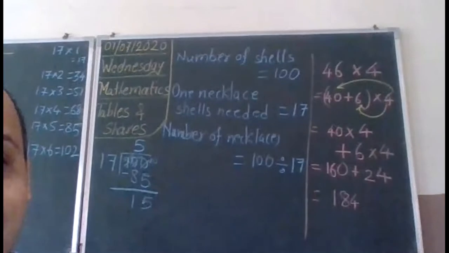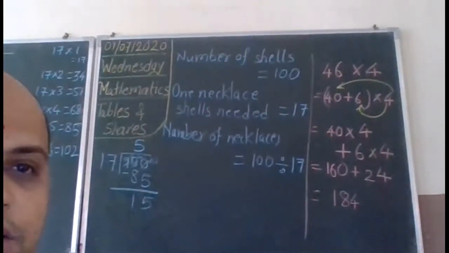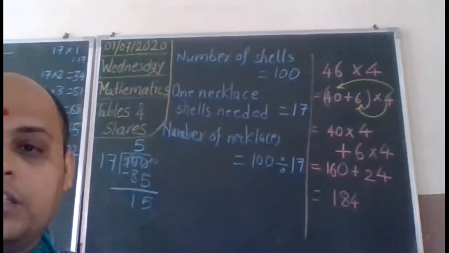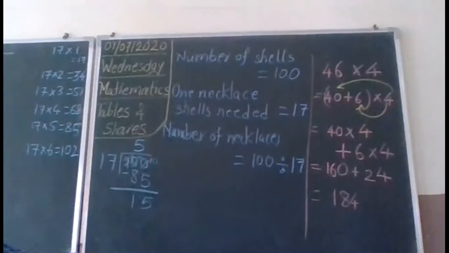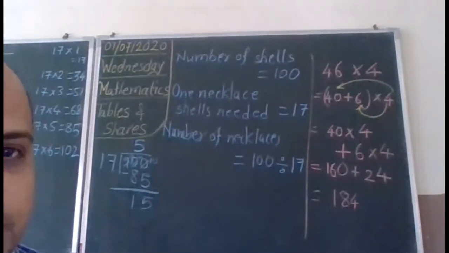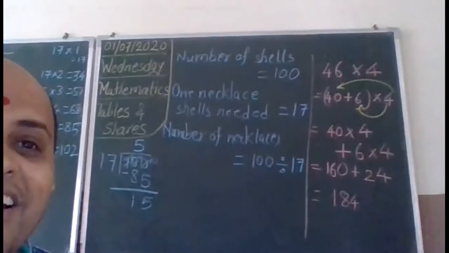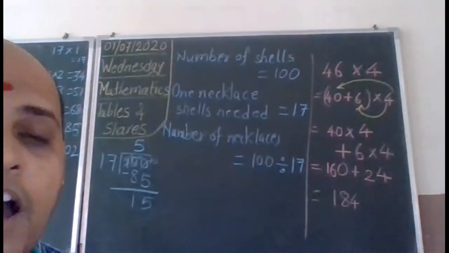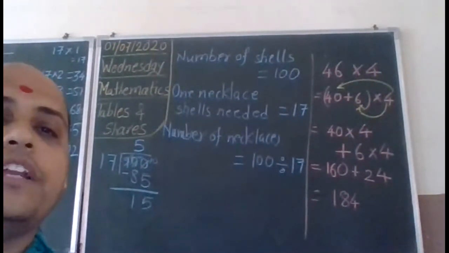How many shells will remain with Kanu? How many shells will be left with Kanu? Or to make one more necklace, how many shells does Kanu need?